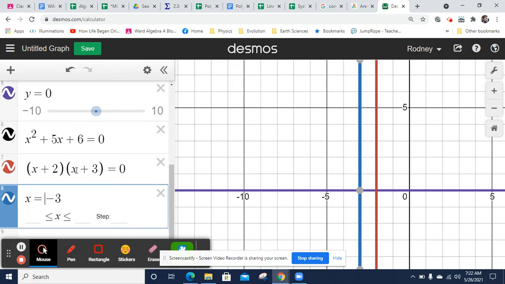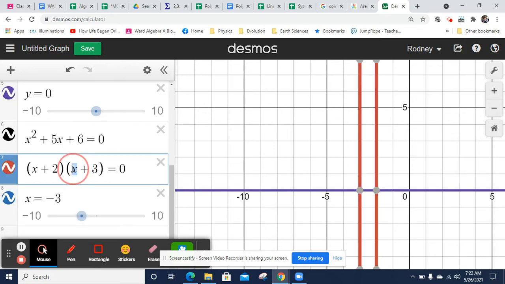And once again, if x was -3 here, -3 plus 3 would be 0. X is also going to be -3 here if I'm using that as the input, but it doesn't matter that that's -1, because this is 0. Okay, so this is the basics of the zero product property.